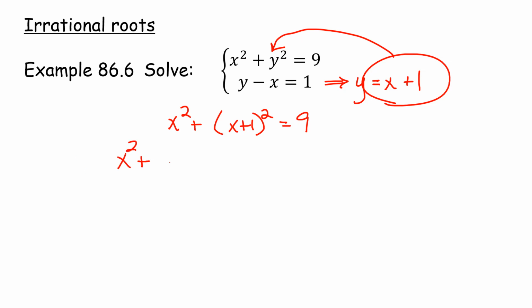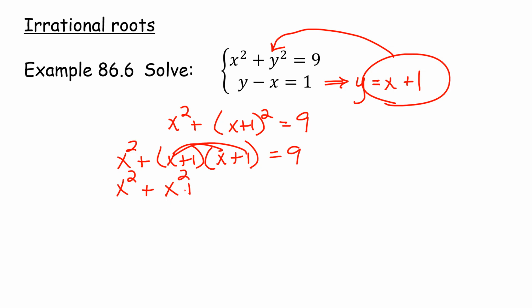We've got x squared plus x plus 1 times x plus 1. So x squared plus, got to FOIL this out, x squared plus x plus 1 equals 9. So 2x squared plus 2x.